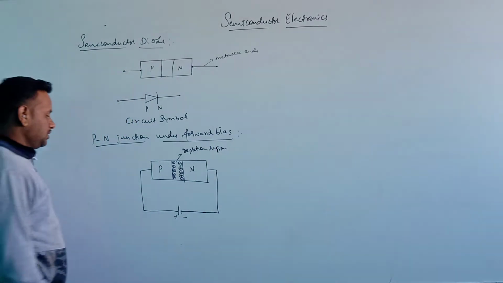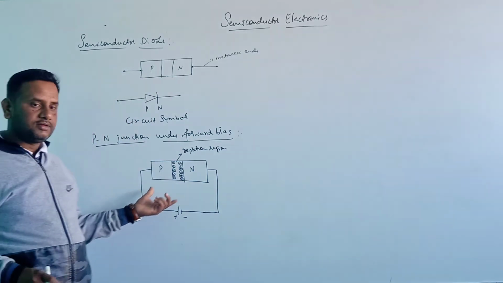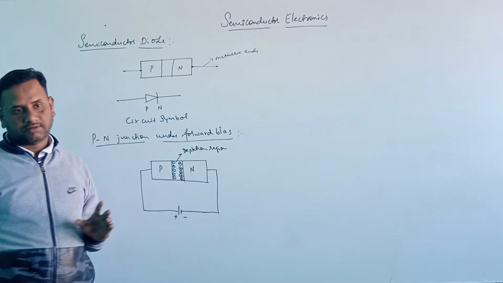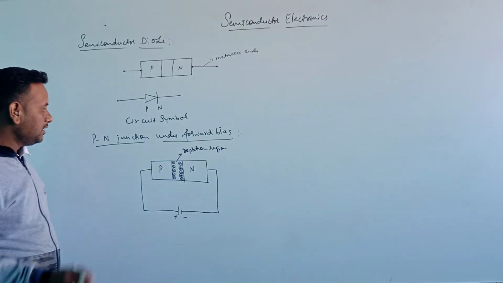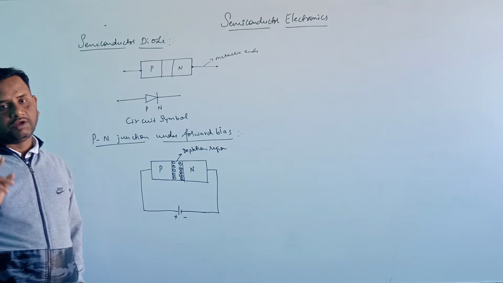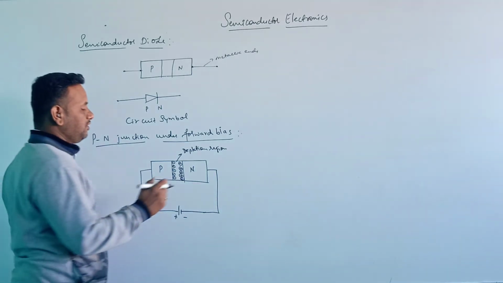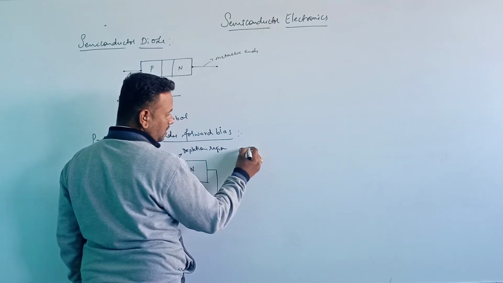Now this is the p-n junction under forward bias. There is one common point you should remember here. Forward bias means it has a low resistance.